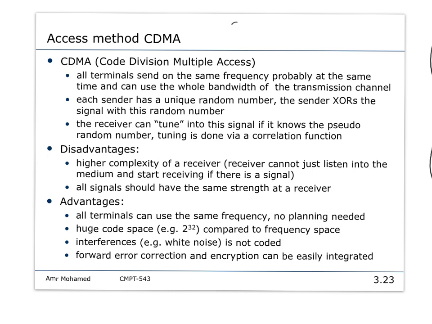So in order for CDMA to work fine, any node that receives two signals needs to be able to receive them more or less at the same level. So always when we talk about CDMA, we have to combine CDMA with some power adaptation.